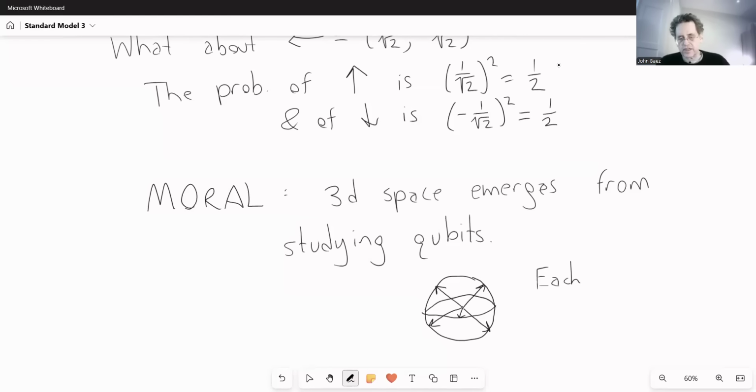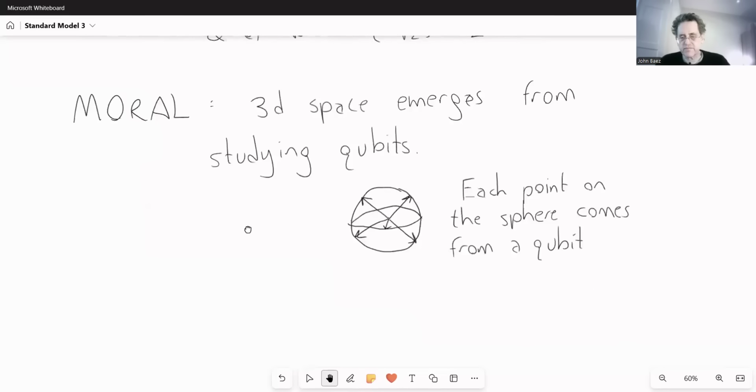So this sphere comes from qubits. So here's a more precise way of stating the moral. Each point on the sphere comes from a qubit. And I haven't told you the formula for how that works, nor have I explained the rationale for that formula.